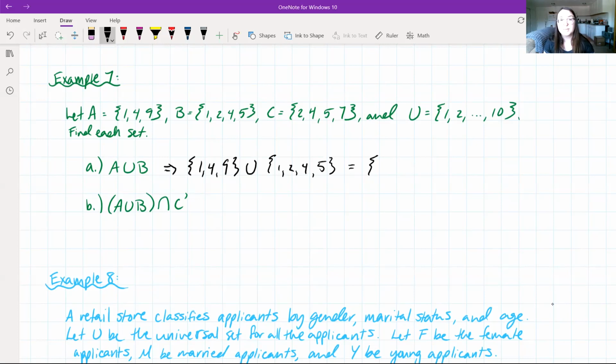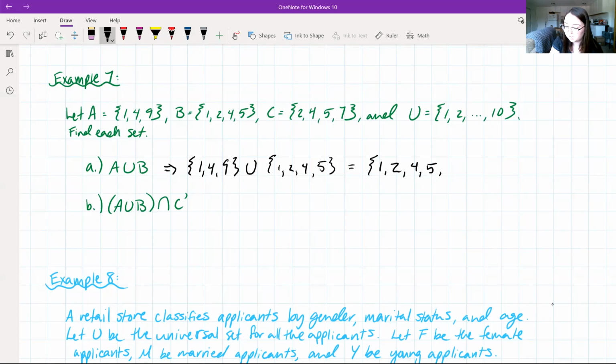So this set is going to be equal to all the elements in A and B and both. So we see 1 is in both, but we don't want to write duplicates, so we're just going to write 1. 2 is in B, so it's included. 3 is not in either. 4 is in both. 5 is in B. 6 is not included in either. 7 is not included in either. 8 is not included in either.